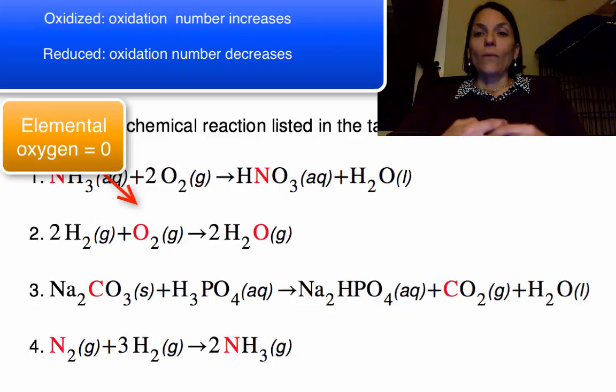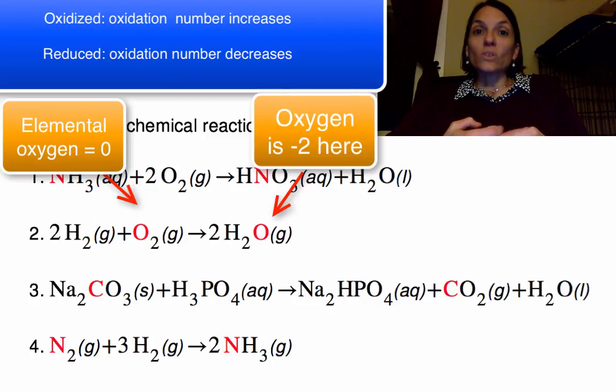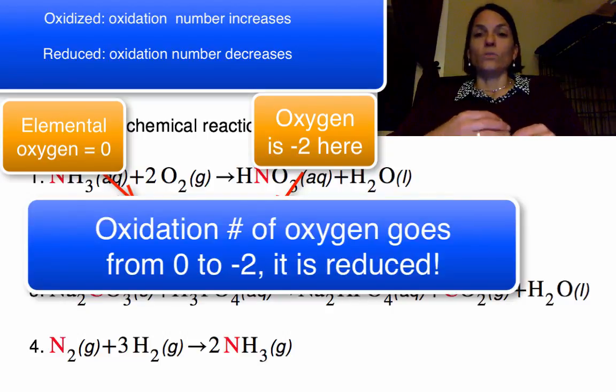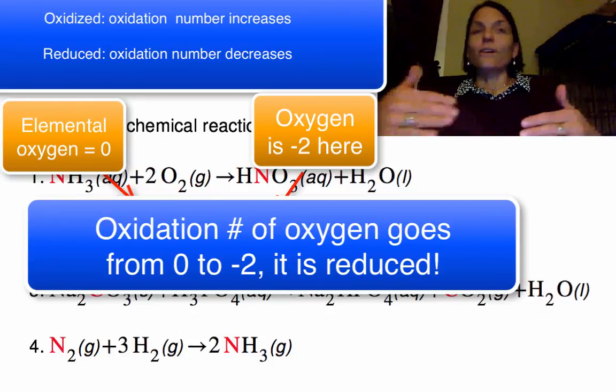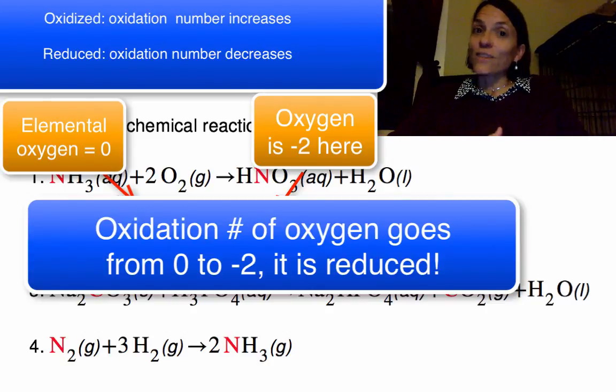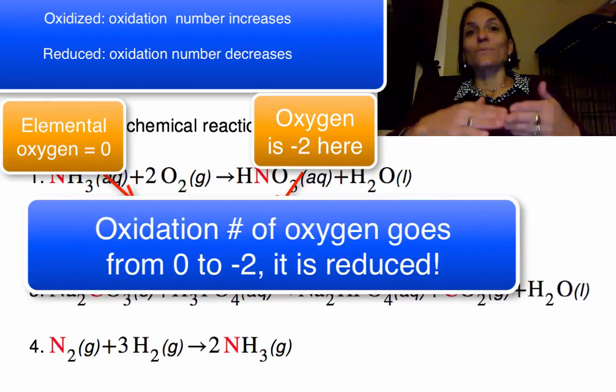Well, oxygen's always going to be a -2 unless it's bonded with fluorine. So in this case, the oxygen goes from 0 to -2. So that's a decrease in oxidation number. So oxygen's being reduced in this case. As a side note, when you react with oxygen, oxygen usually oxidizes other things, so therefore it gets reduced itself.